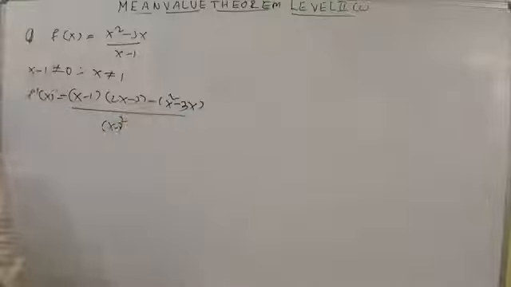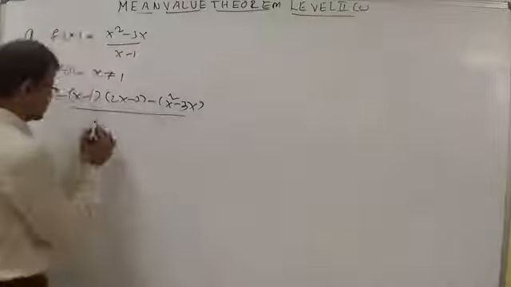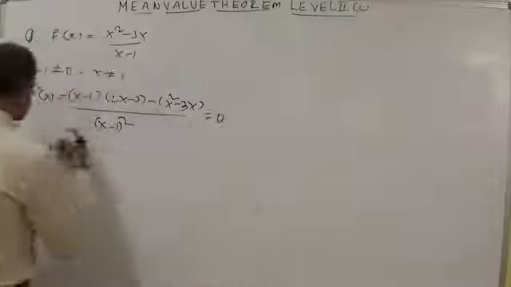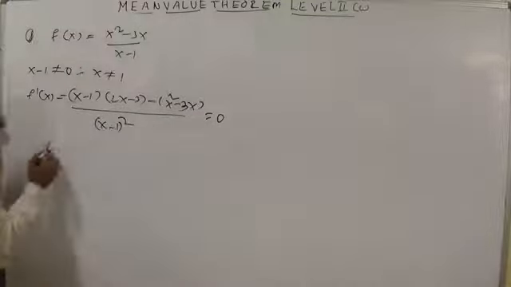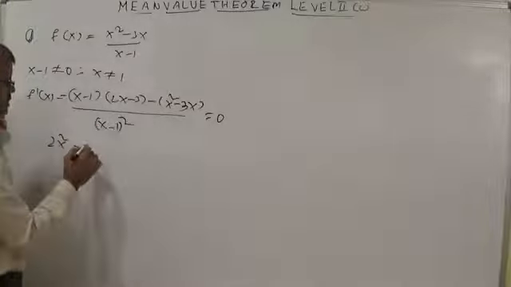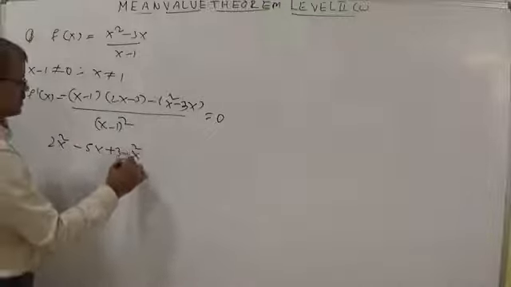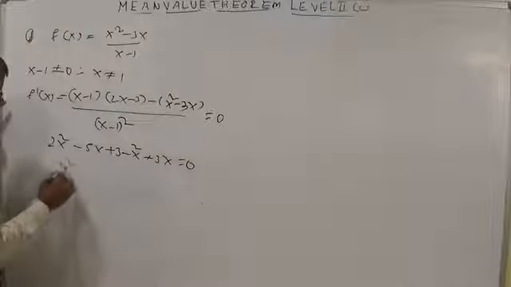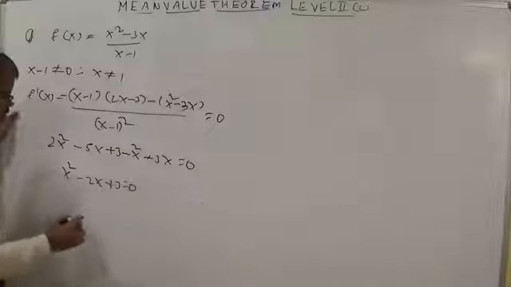Setting f dash x equal to 0, the (x minus 1) whole square is taken to that side. It becomes 2x square minus 3x minus 2x, so it is minus 5x plus 3, minus x square plus 3x equal to 0. So here it is x square minus 2x plus 3 equal to 0.